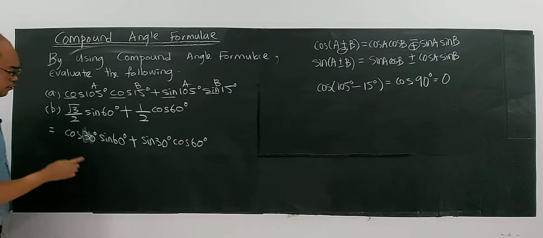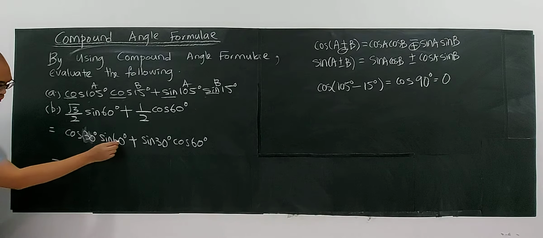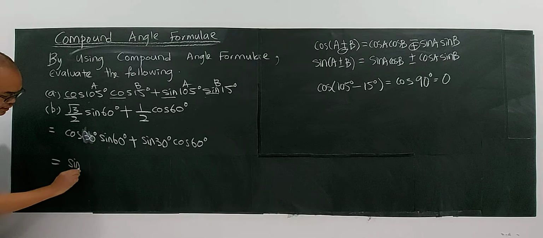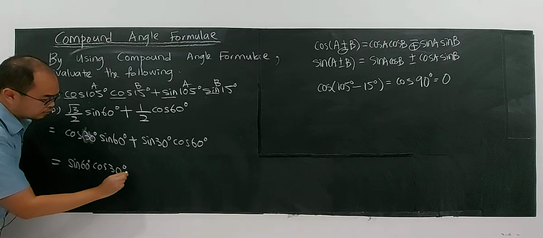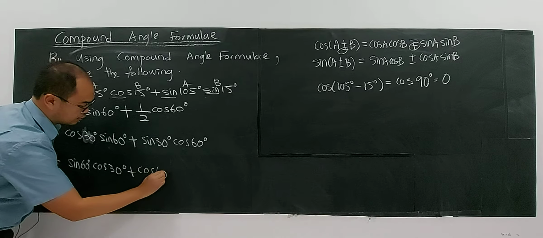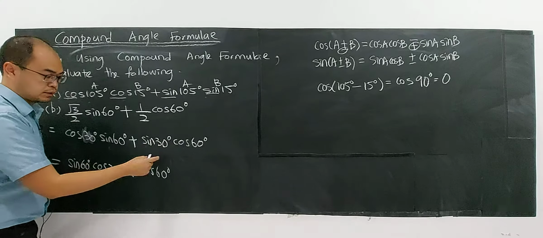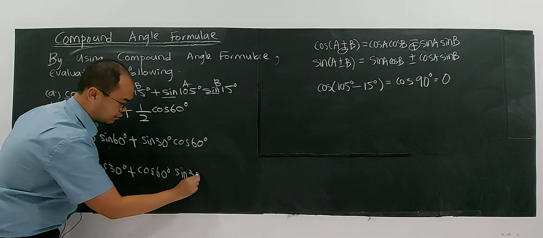You know that it's one sine, one cos, one sine, one cos. So I can rewrite this with the bigger angle in front: sine 60 cos 30 degrees plus cos 60 sine 30 degrees. Can you see that?